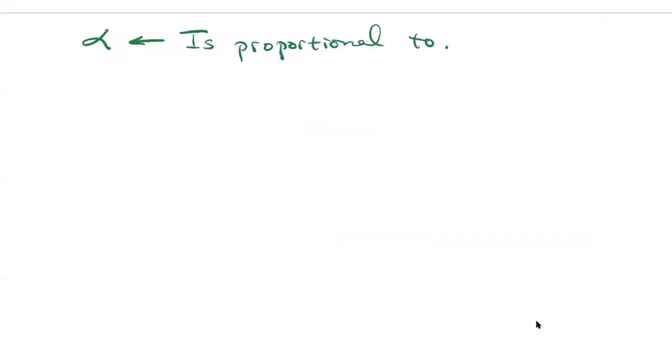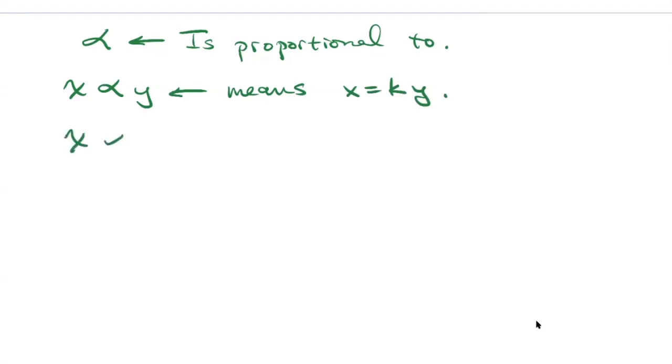X alpha Y, I don't know if that's an alpha or not, but anyway. This means that X is proportional to Y, or X is some constant multiple of Y. If X is inversely proportional to Y, you do this.